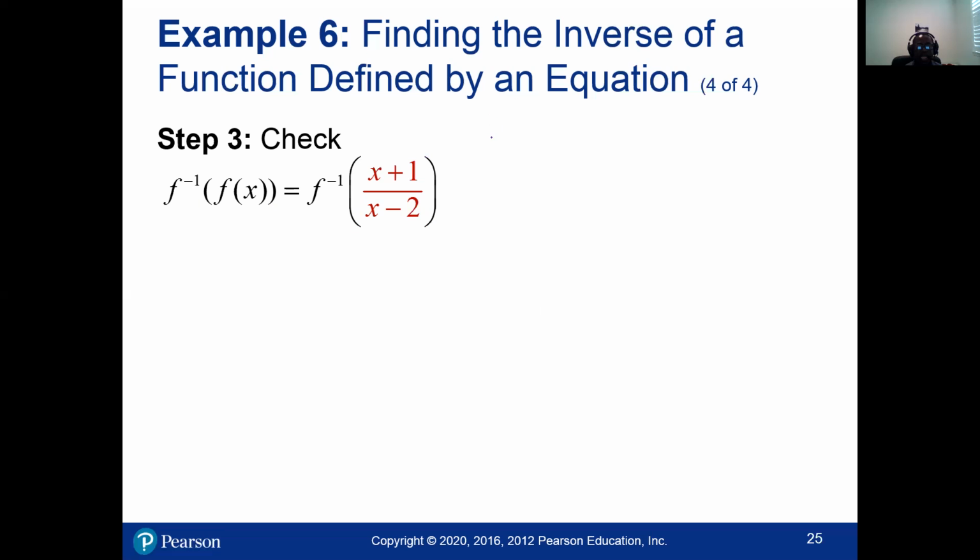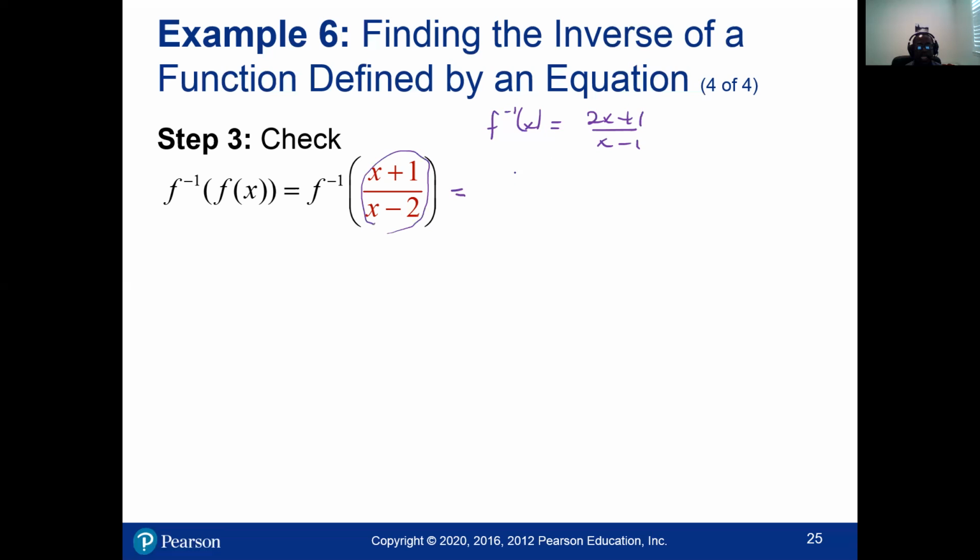By the way, the inverse function is 2x plus 1 over x minus 1, so that we can remember. Okay, this is going to require some algebra. So let us write it carefully. Wherever we see x in the inverse function, we plug in this whole expression.